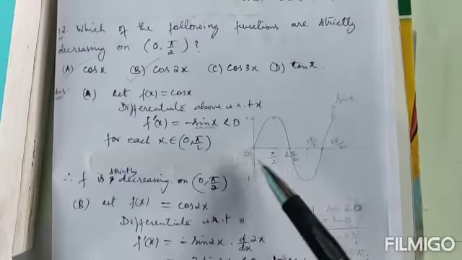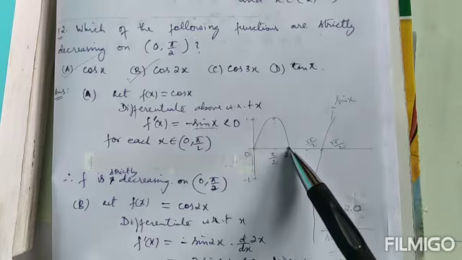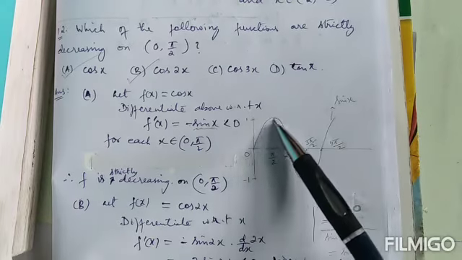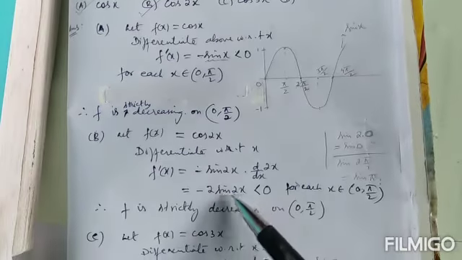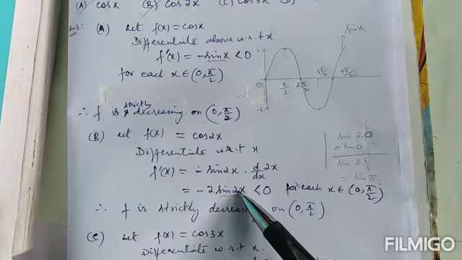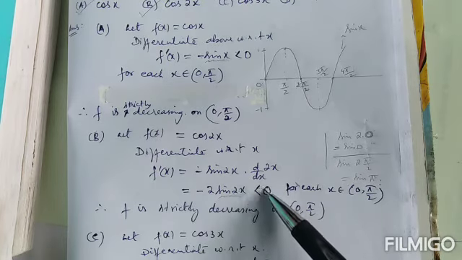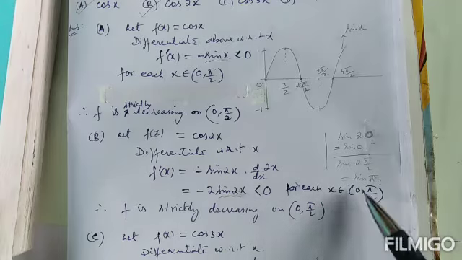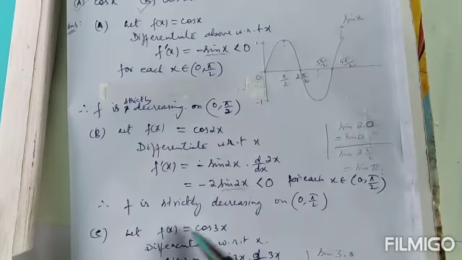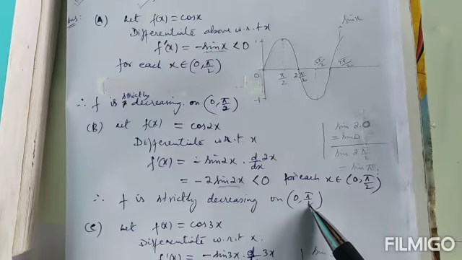Look at the graph, 0 to pi, the graph is above the x-axis, that means it will be positive. That means sine 2x will be positive. When you multiply it with minus 2, it will become negative. So the whole thing will be less than 0 for each x belongs to 0 to pi by 2. Therefore, f is strictly decreasing on 0 to pi by 2.